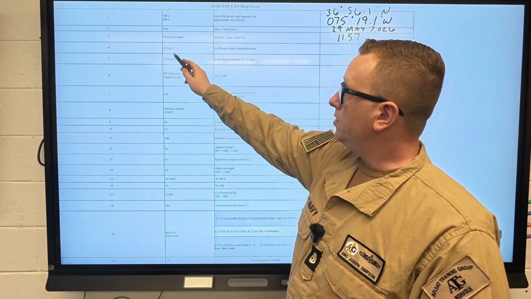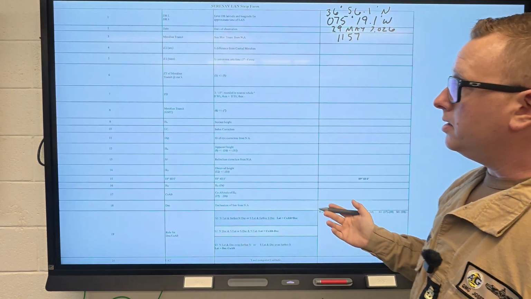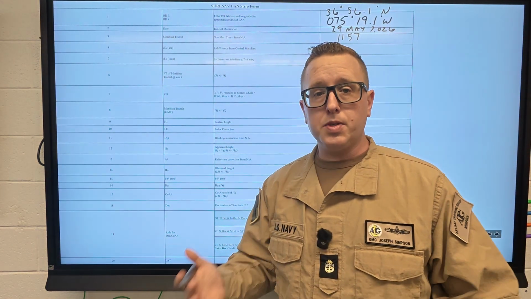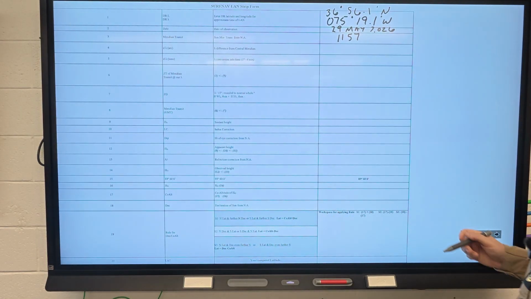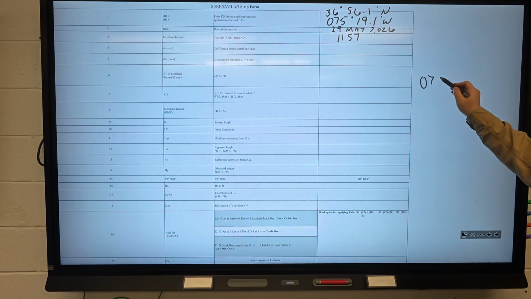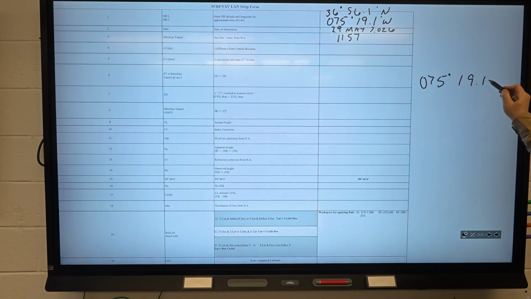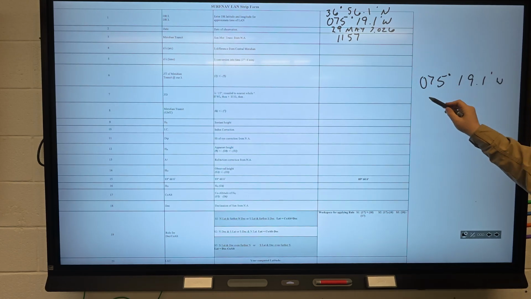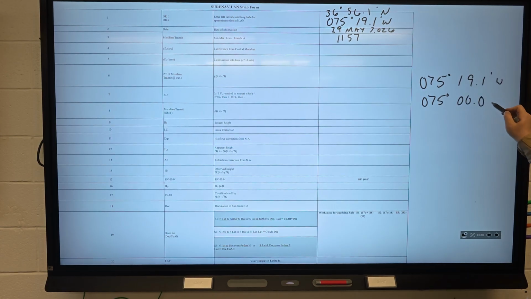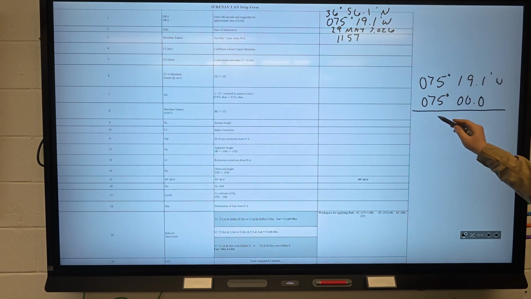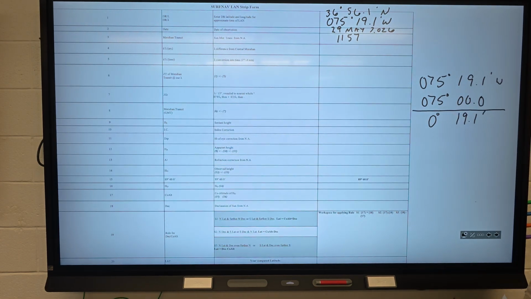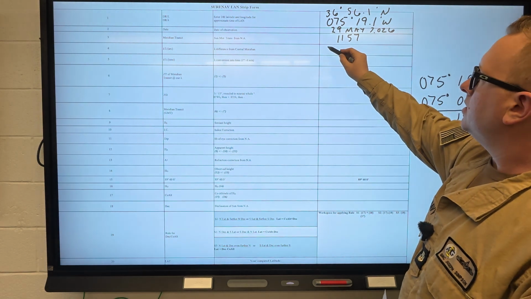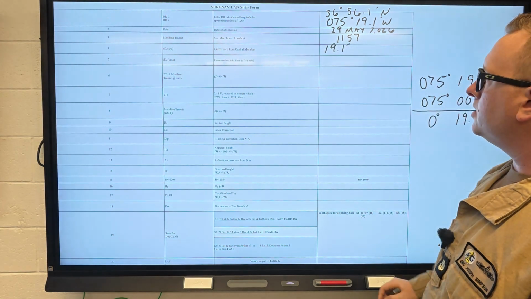Number 4 is asking for the difference between your longitude and your standard meridian. So for that, just take our longitude, 075 degrees 19.1 minutes, and the closest meridian we have is 075. So you subtract it, and find the difference, which is 0 degrees, 19.1 minutes.